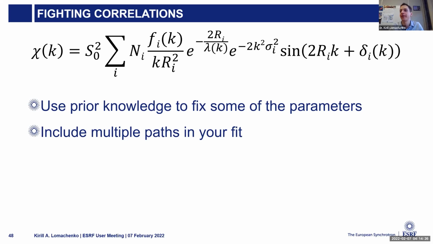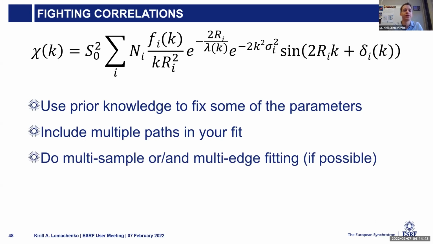You can include multiple paths in your fit, because some parameters are common for different paths and some aren't. And if you include multiple paths, then there will be less possibility for correlation. If possible, you can do multi-sample or multi-edge fitting, because this also will allow you to use the same parameters with larger data set.